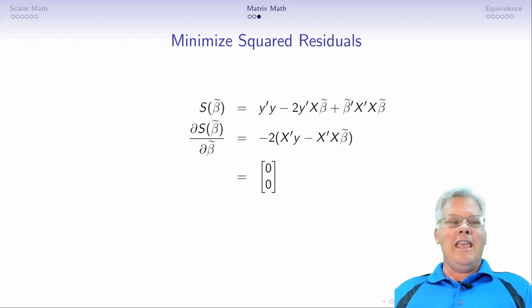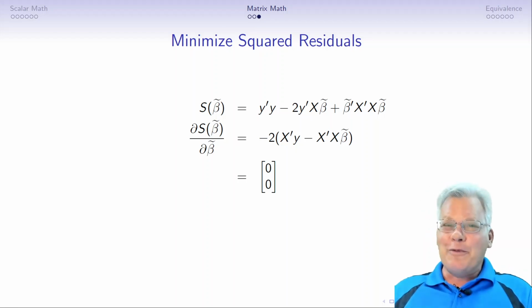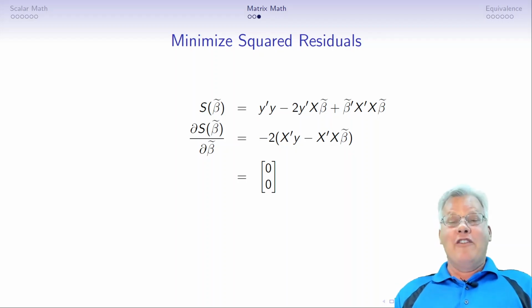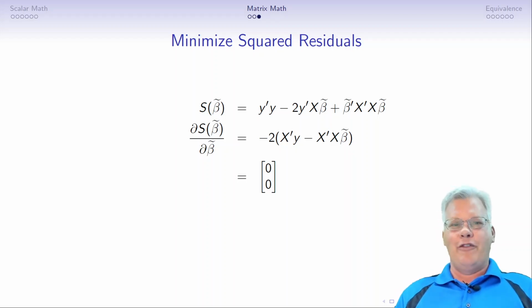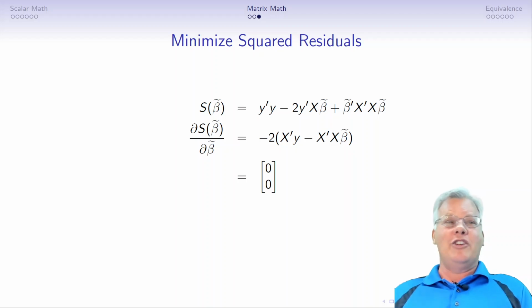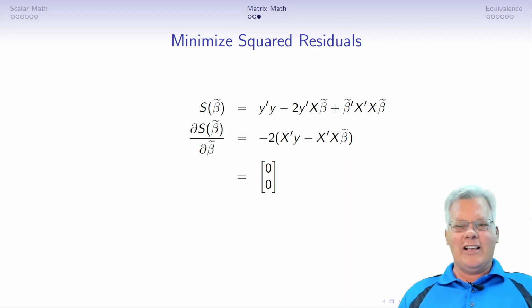Let me refer you to your favorite linear algebra text, or come by my office if you want. My favorite reference for just basic rules of matrix differentiation is Jan Kmenta's text, Elements of Econometrics. It's a classic graduate school econometric theory text.